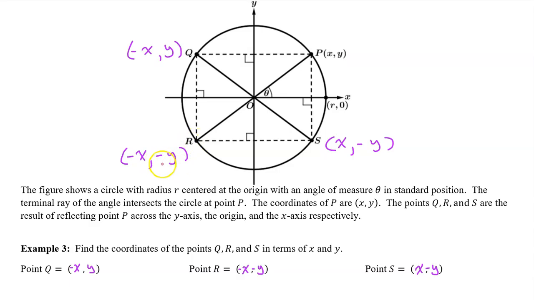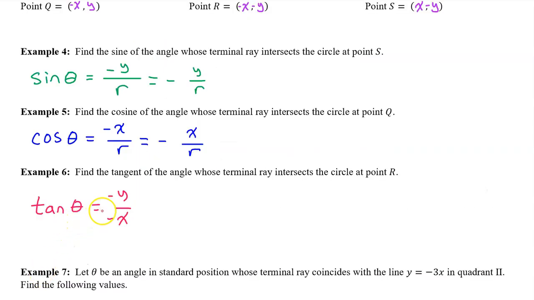At point R, the vertical displacement is negative y, and the horizontal displacement is negative x. So tangent theta is equal to negative y divided by negative x. But definitely do not leave it like this. A negative divided by a negative is a positive, so let's write it as simply y over x.